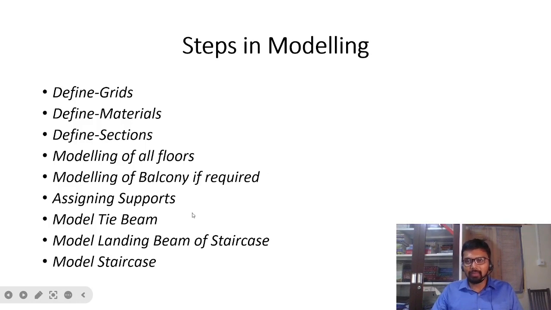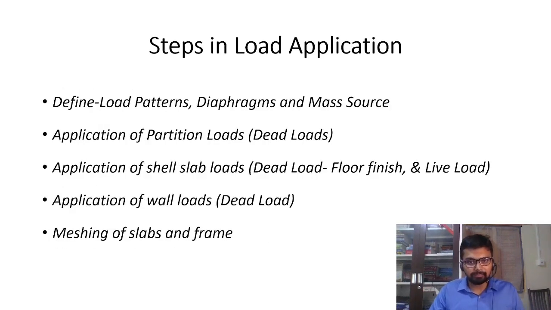If a tie beam is required, we will model the tie beam. And in some cases where there is a porch or balcony, we lower the tie beam also. And then if you want to model the staircase landing beam, obviously we have to model that. You have two options: either you can model the staircase, or you can just provide the load of the staircase as a UDL on the landing beam. Whichever is easier for you, you can do that.